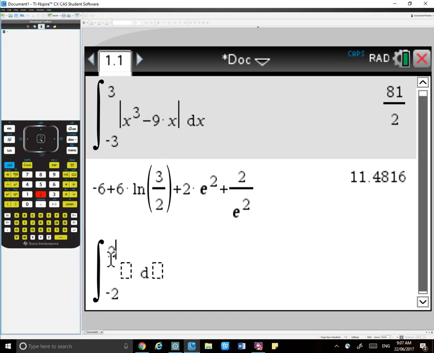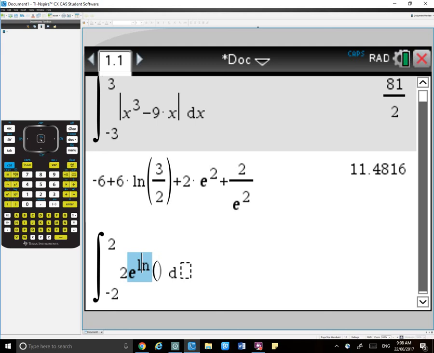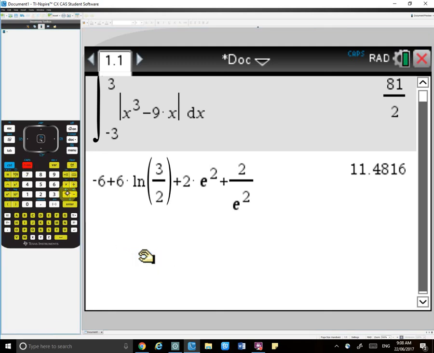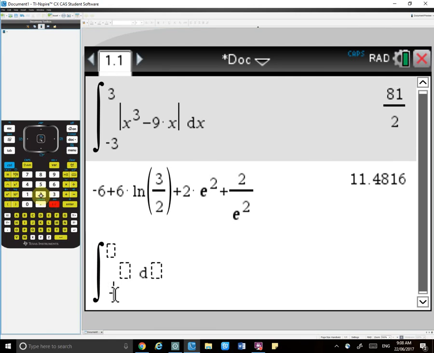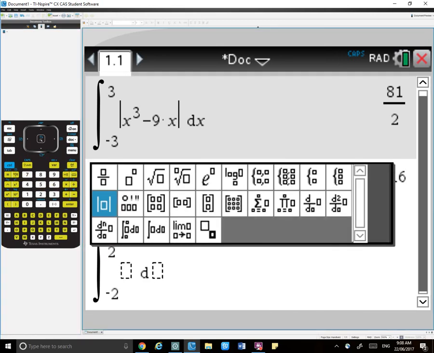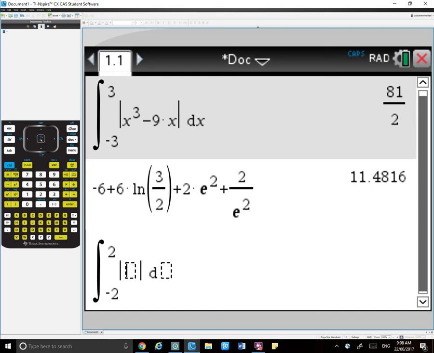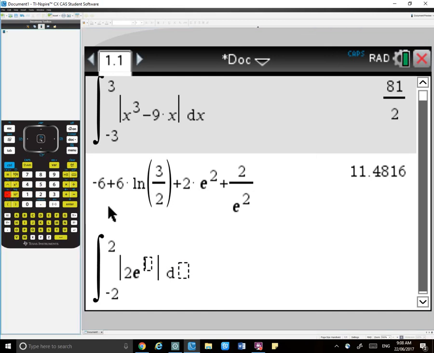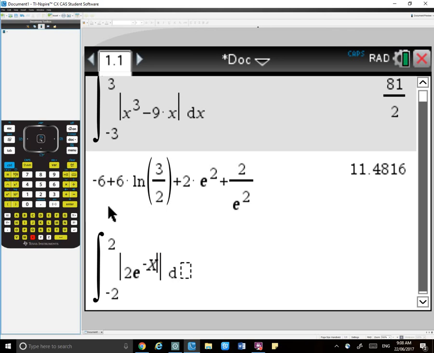Minus 2 to 2, okay, the absolute sign is inside here. 2e to the power of minus x and minus 3.